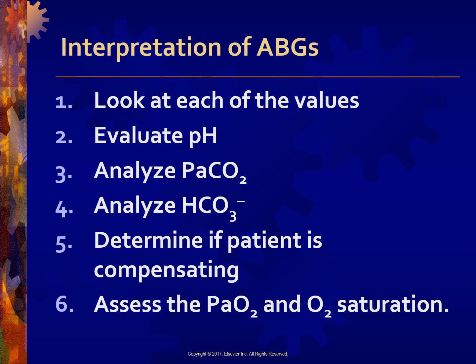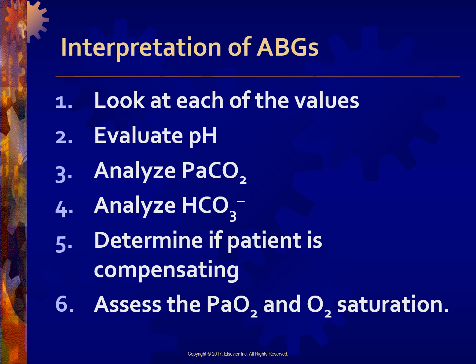And that would indicate a metabolic primary disturbance. So you can see with metabolic, the changes are both going to be low or both going to be high. That's opposite of what happens in a respiratory disturbance, when you have the pH being high and the carbon dioxide being low, or the pH being low and the CO2 being high.